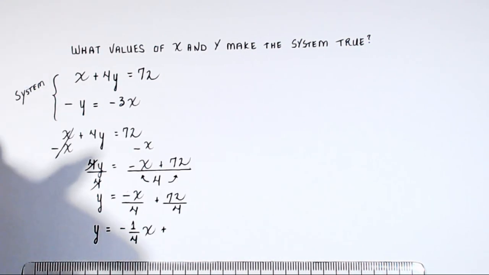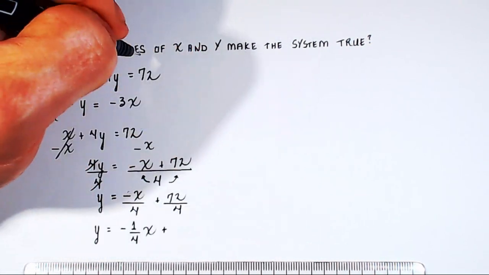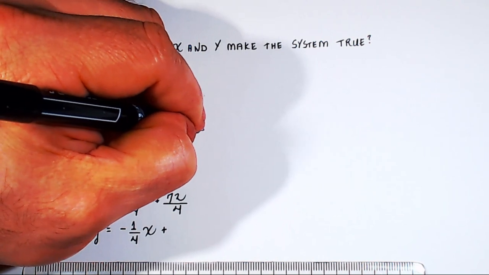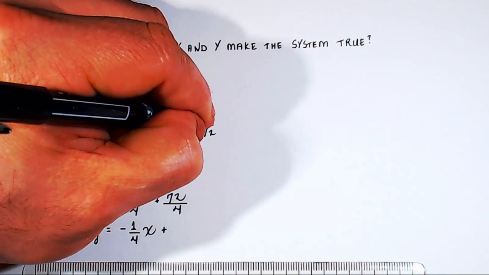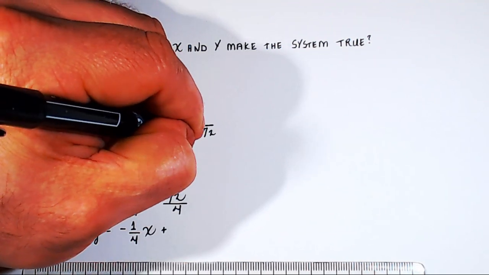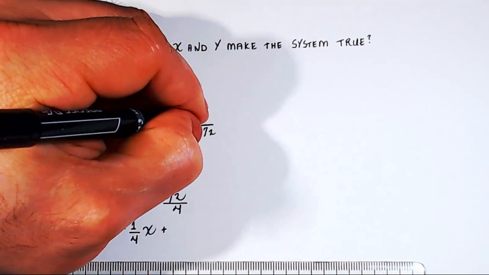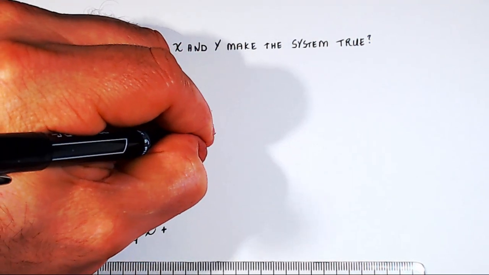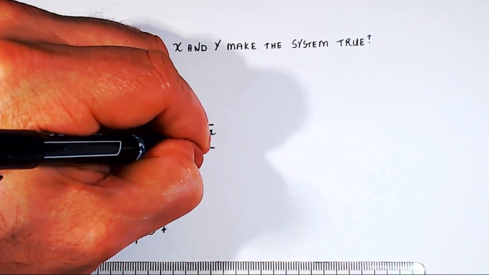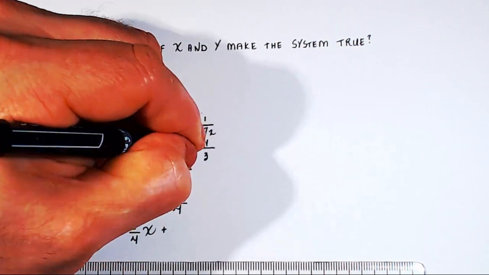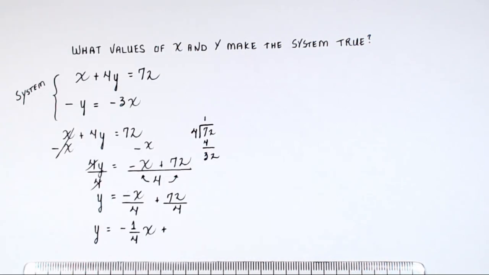And let's say you didn't know it in your head and you didn't have a calculator handy. A quick little 72 divided by 4, how many times does 4 go into 7? One time. 1 times 4 is 4. Okay, we're left with 3, 2. Bring the 2 down.